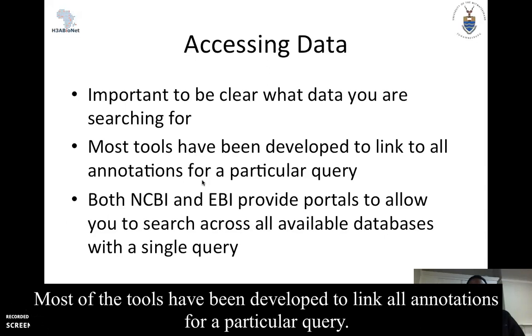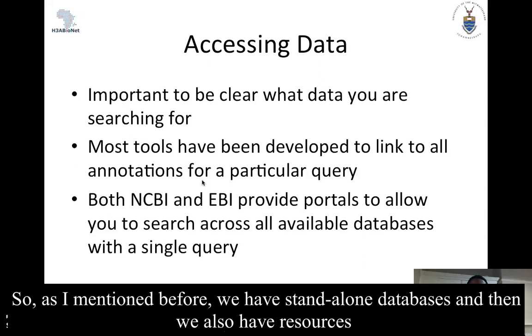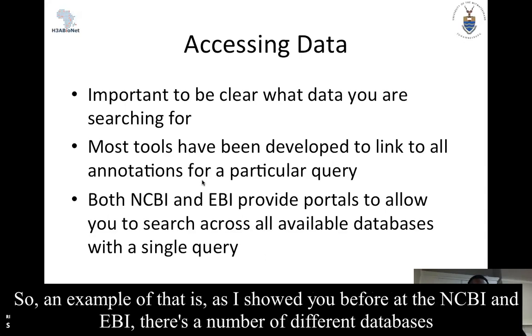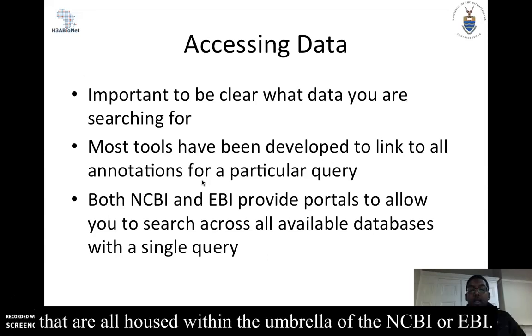Most of the tools have been developed to link all annotations for a particular query. So as I mentioned before, we have standalone databases, and then we also have resources that allow us to do one query search and get information back from a variety of different resources. An example of that is, as I showed you before, the NCBI and EBI, where there's a number of different databases all housed within the umbrella of the NCBI or EBI.